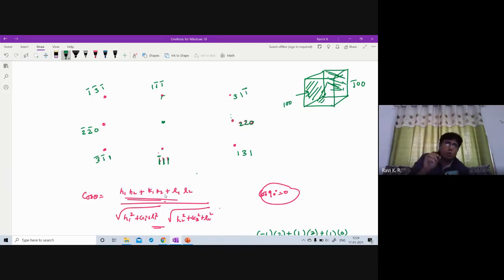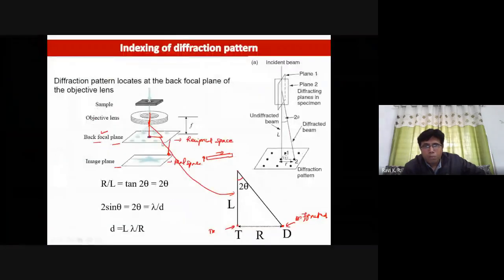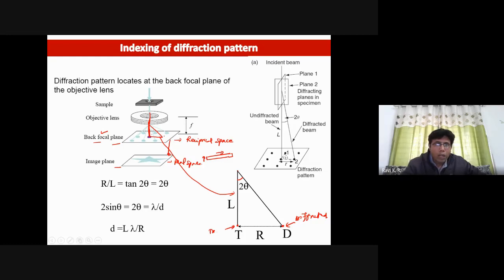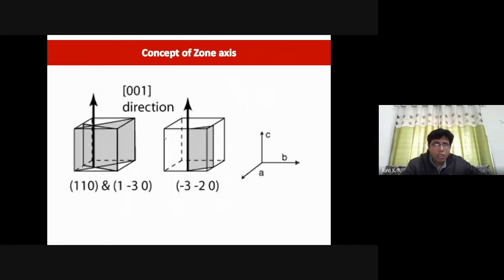If you look at this pattern, there is a line which is coming. We need to identify this axis. What is this axis? This is what we call zone axis.